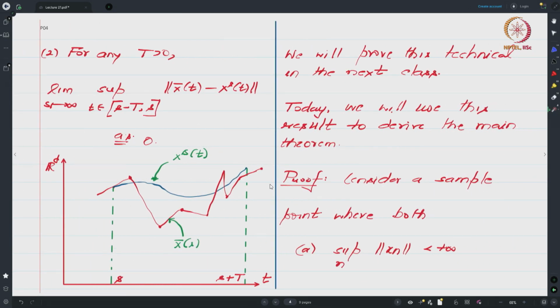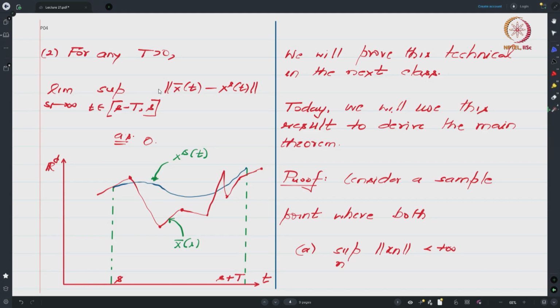And we have an analogous result where instead of looking from s to s plus T, we look at the window from s minus T to s, and again the claim is that the distance between them goes to 0. So, let us pictorially see what this means.